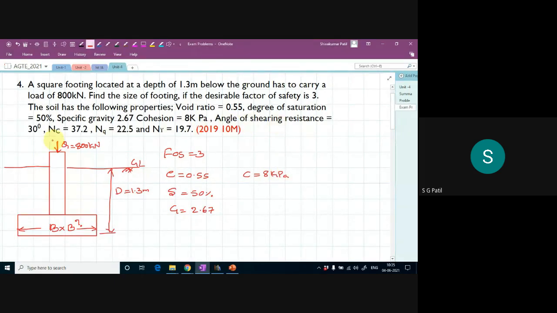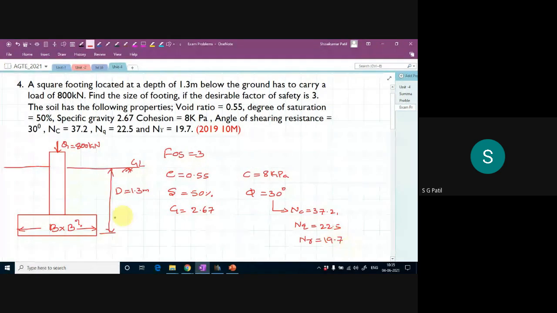Angle of shearing resistance is 30 degree, that is phi equal to 30 degree. For this corresponding phi value, they given Nc, Nq, and N gamma. Nc is equal to 37.2, Nq is equal to 22.5, and N gamma is equal to 19.7. So they are asking you to find out the width of the footing.